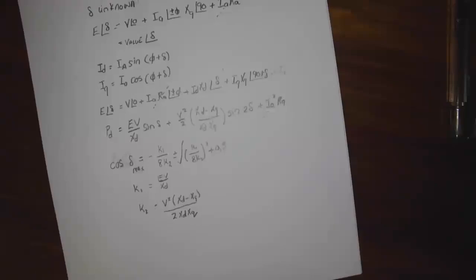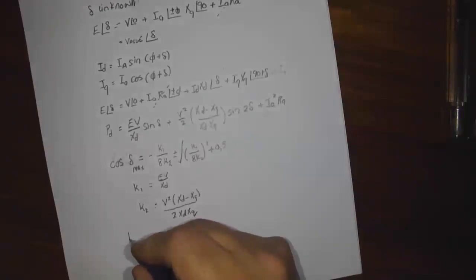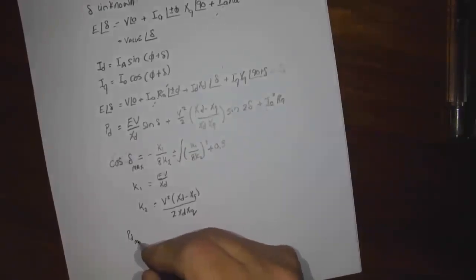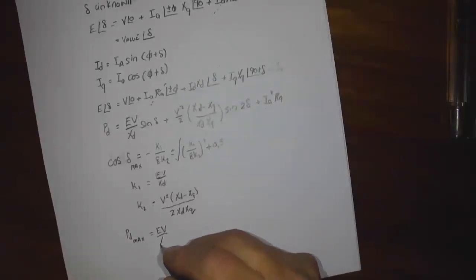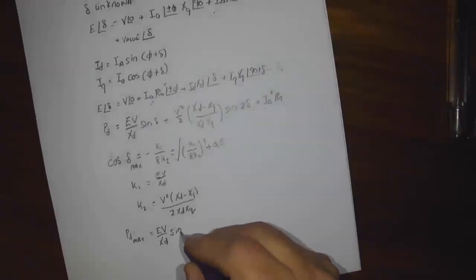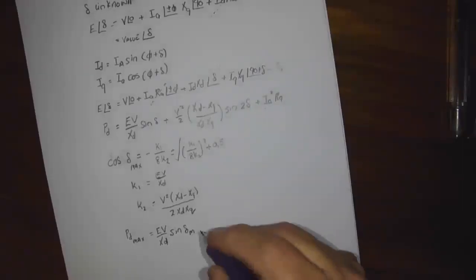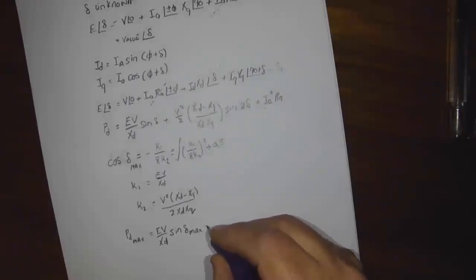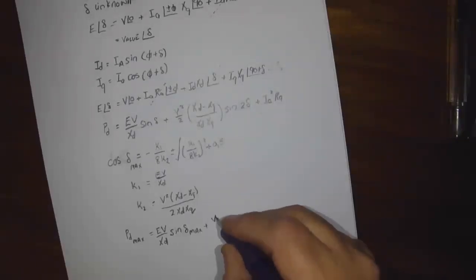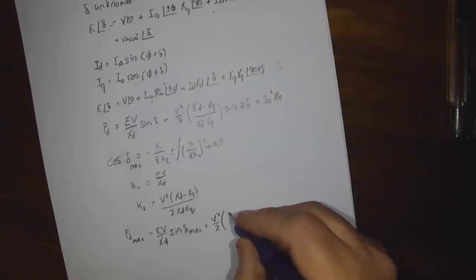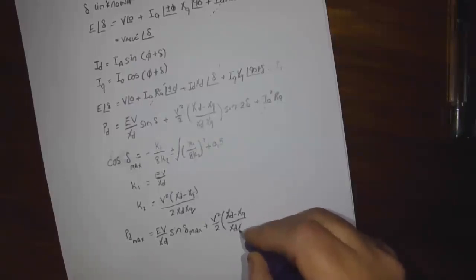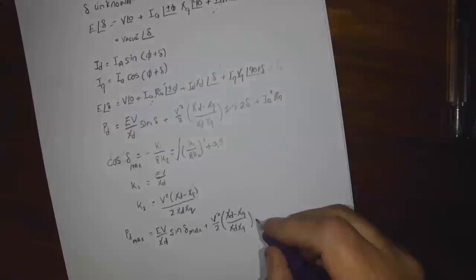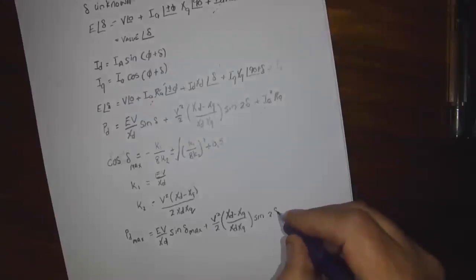Okay, so now we can determine the maximum value. So P developed max will be EV over XD sine delta max, plus V squared over 2 times XD minus XQ over XD XQ, sine 2 delta max.